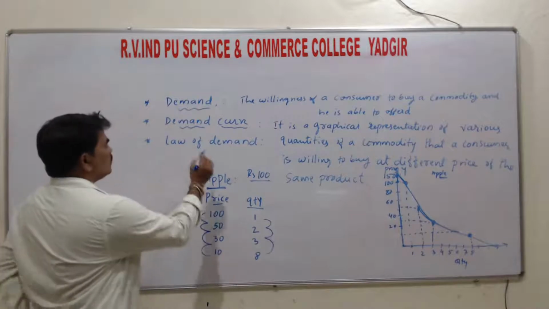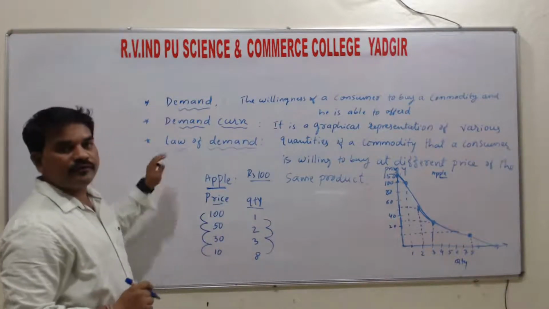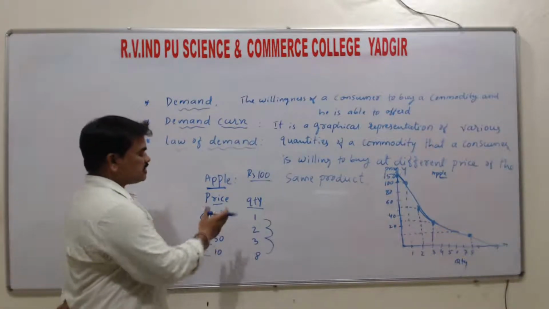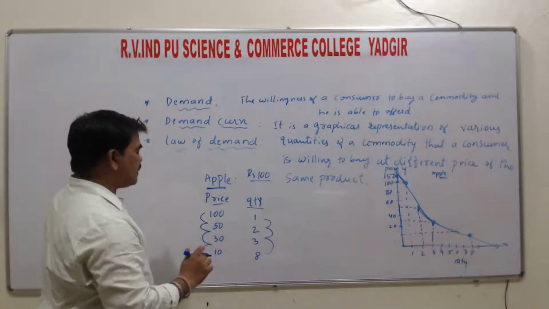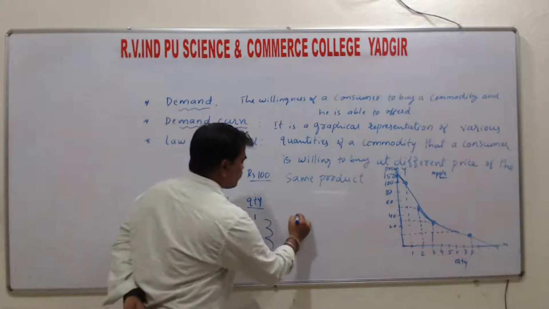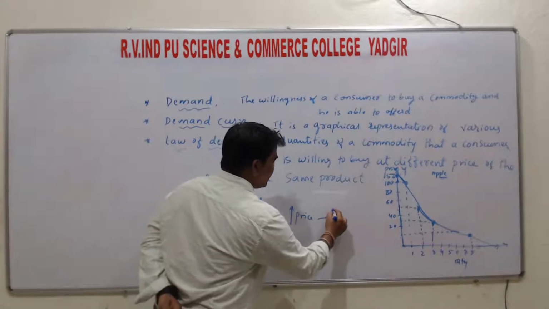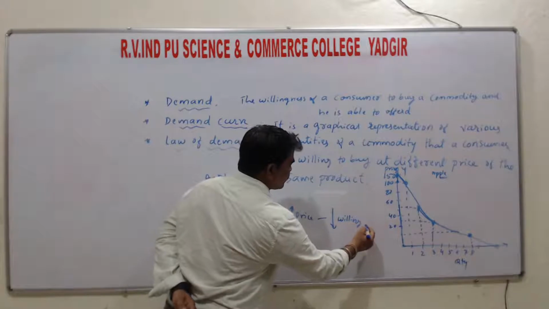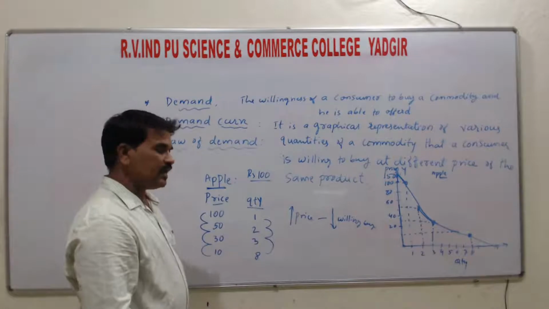Okay, now the next thing is the law of demand. What does this law say? As we already discussed, the law of demand says the same thing. When the price is very high, the willingness to buy that product is less.